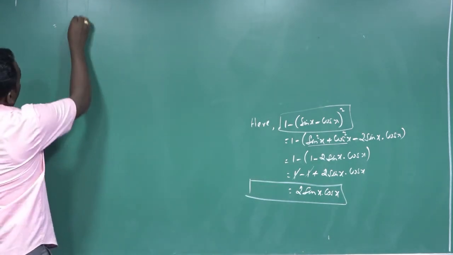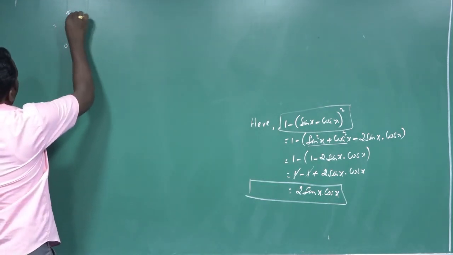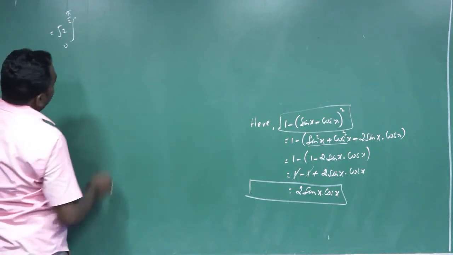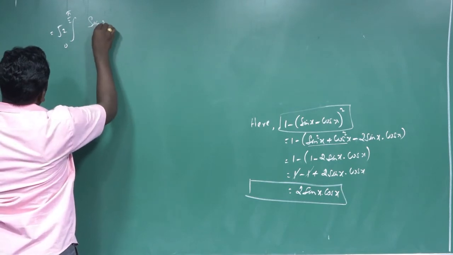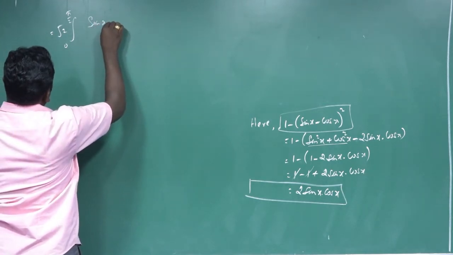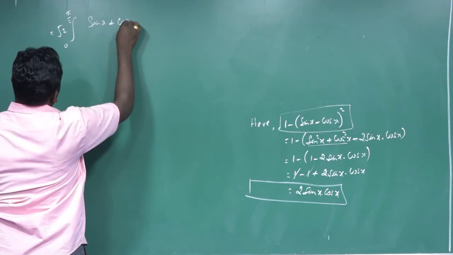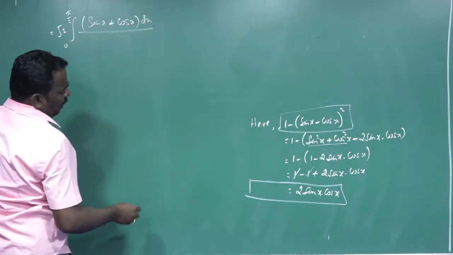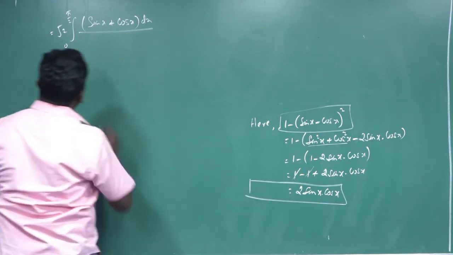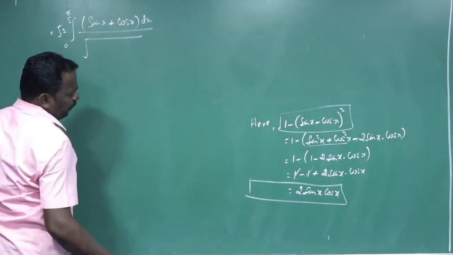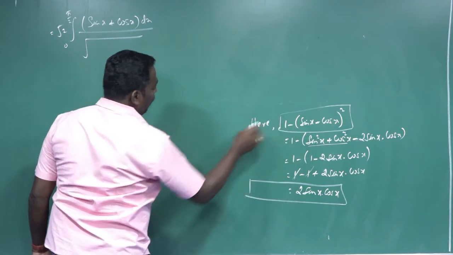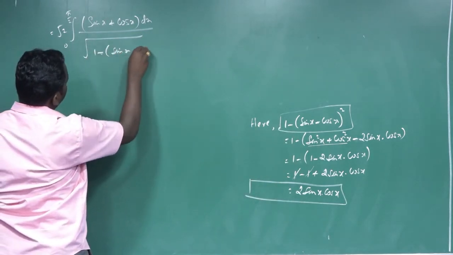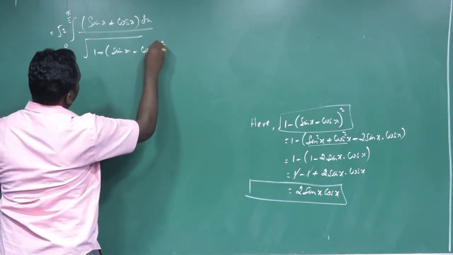That is equal to integral 0 to pi by 2, outside we have one more root 2 in the outside. Therefore the numerator is sin x plus cos x into dx by, instead of the term square root of 2 into sin x cos x, we have to replace 1 minus of the bracket of sin x minus cos x whole square.